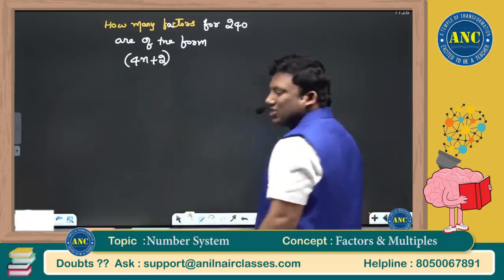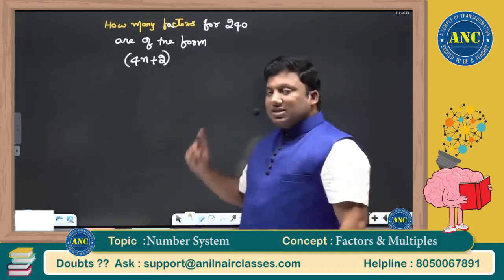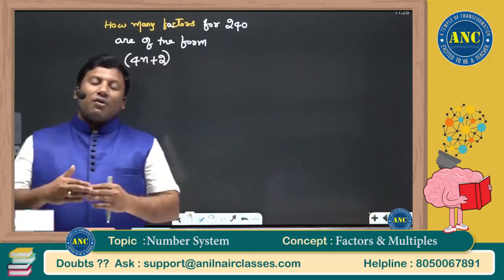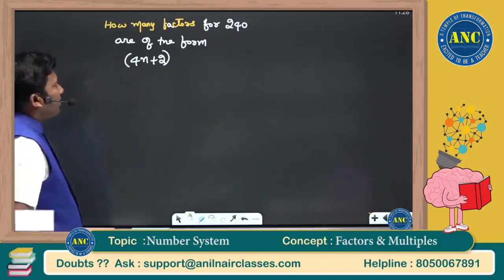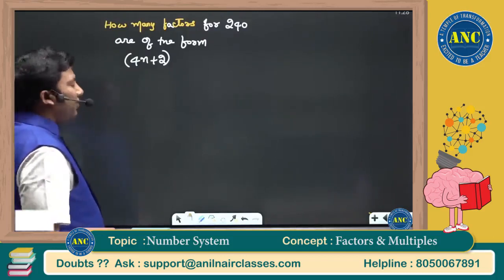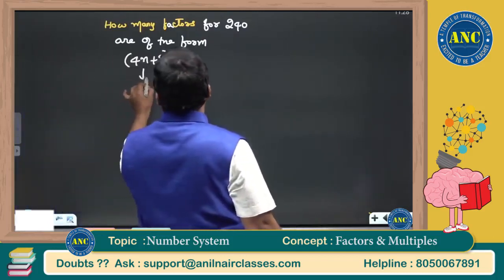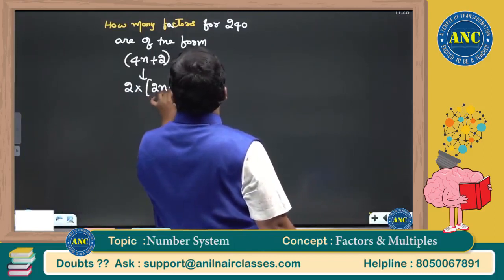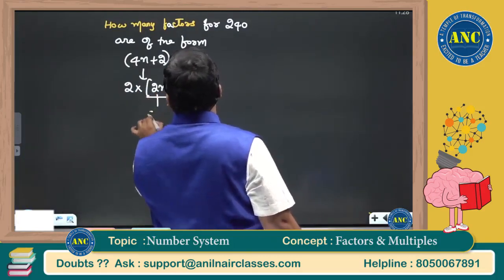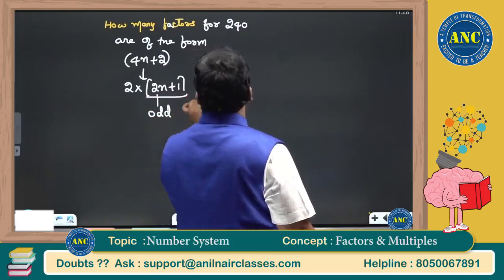This is an exam model question. Just now we discussed it. Only to discuss this one, I discussed the previous question. What if it is 4n, 4n plus 1, 4n plus 3? 4n plus 2 is 2 into 2n plus 1. 2n plus 1 is an odd number. So the power of 2 we have to fix.